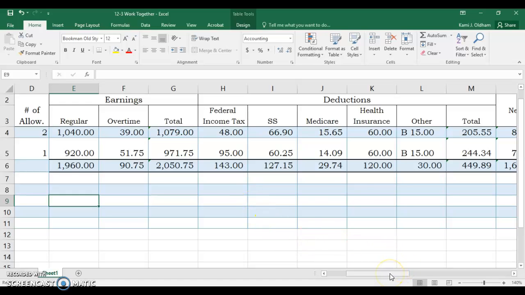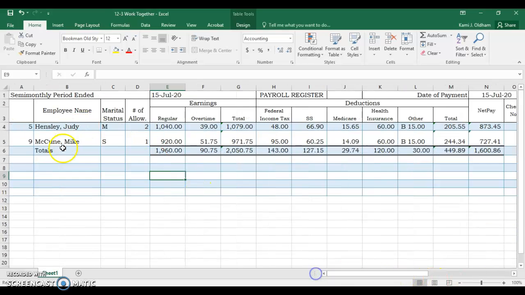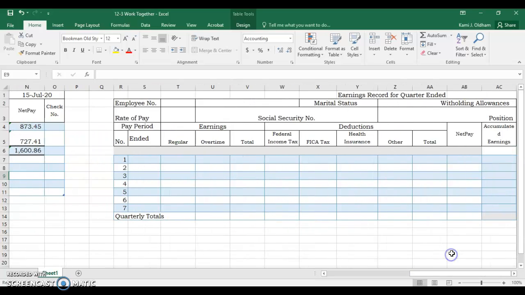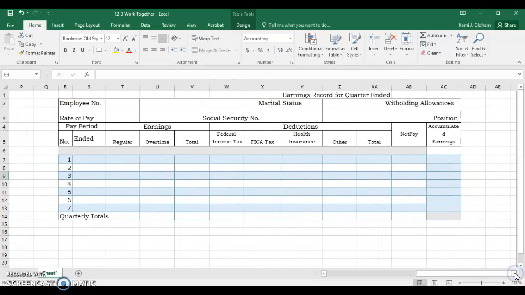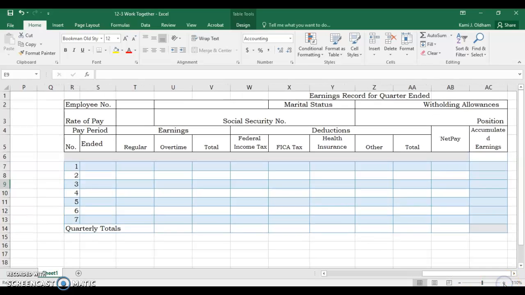Step 3 is to prepare the quarterly earnings record for Ms. Hensley. So you'll see here that the payroll register includes all of my employees. Now in this particular instance, it's only 2 employees, but the earnings record is specific to 1 employee. And so this is where you're going to see all the information just related to, in this case, Judy.